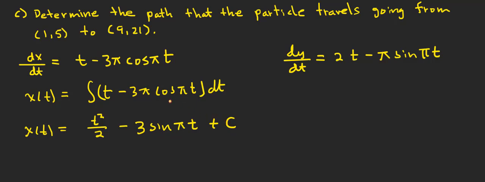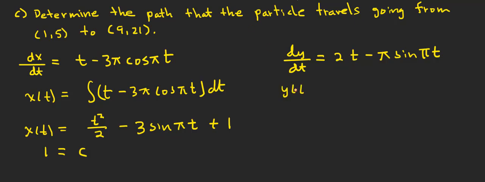Now, how do we find the value of c? Well, when t equals 0, x is 1. Plug in 0 for t, you're going to get 0 over here, and you're also going to get 0. Therefore, c is 1. So you end up getting x of t equals t squared over 2 minus 3 sine pi t plus 1.